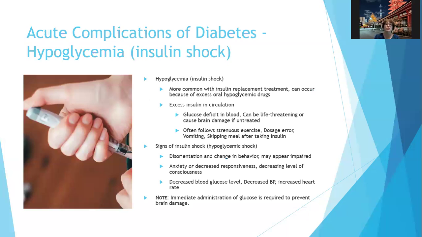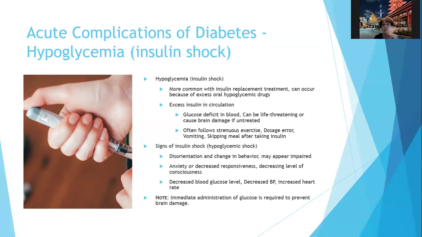So insulin shock, or hypoglycemia, more commonly happens with type 1 diabetes. It's not as common with type 2 diabetes, but if you have type 2 diabetes and you are on insulin replacement, then this is a possibility.